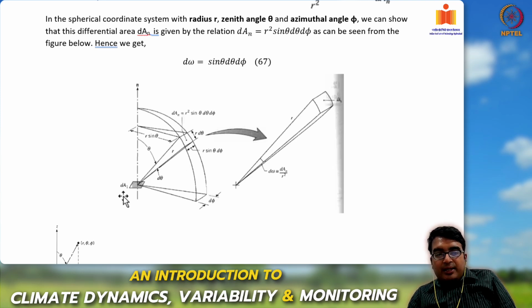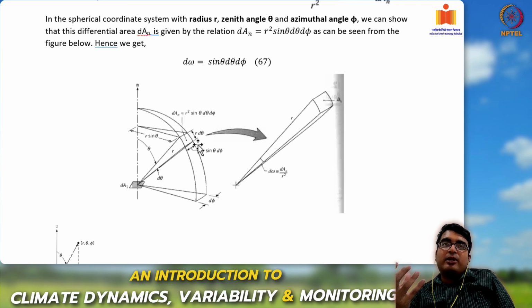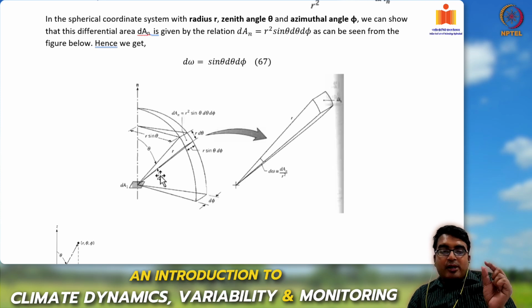So here is 1 r, here is 1 r, there is a small change in angle between one latitude and another latitude given by d theta, and similarly a small angle change between this meridian and this meridian given as d phi. And there is a small area on the surface of this sphere which is defined by this almost square shape, and this becomes more and more like a rectangular shape the smaller this differential angle d theta and d phi is.